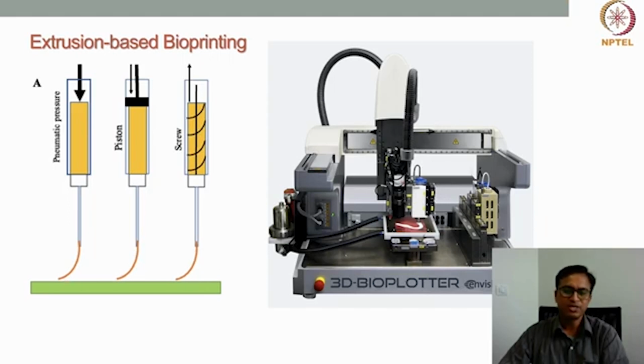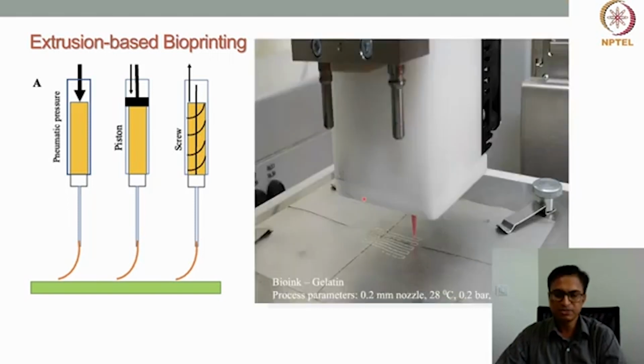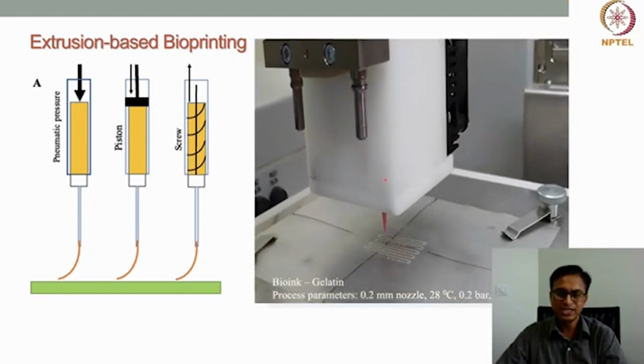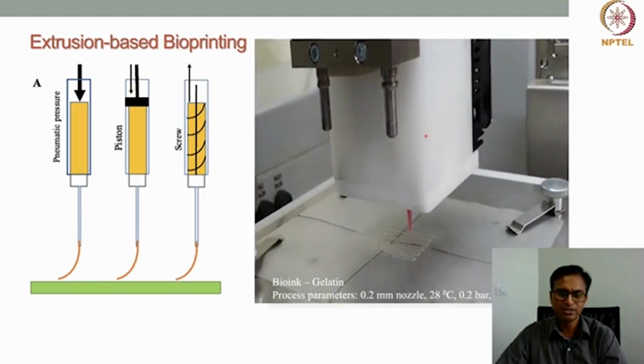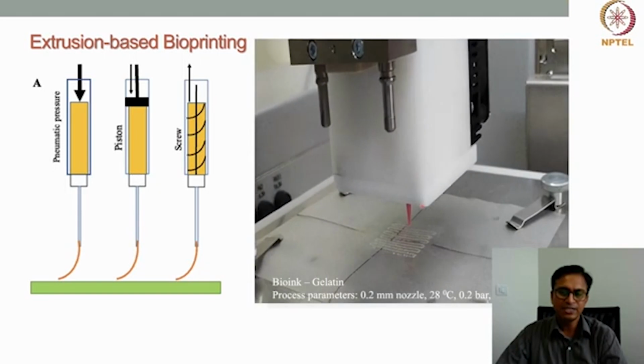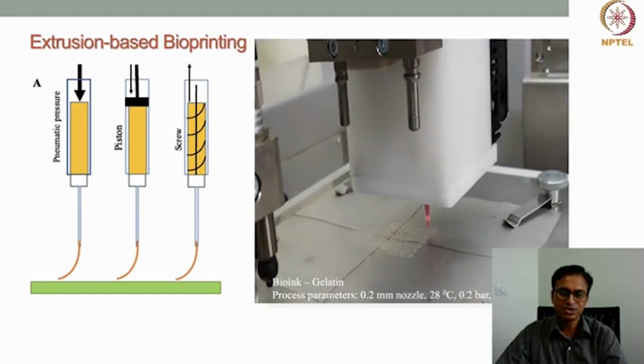So this is the bioprinter, the 3D bioplotter from Biotech. It has different components. I will describe them in the next slide. But let us see a video from our lab of how extrusion based bioprinting is actually done. If you see here, this is the syringe or print head. The syringe is attached to the print head, and this is the nozzle attached to the syringe.